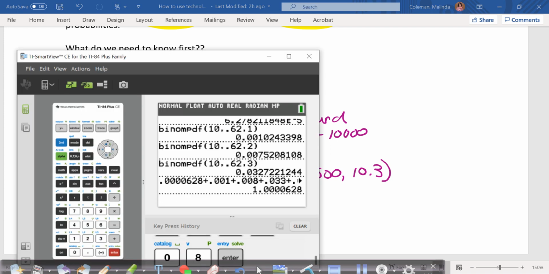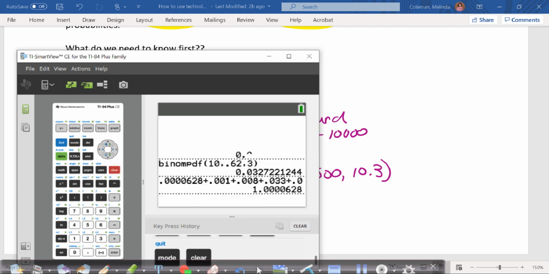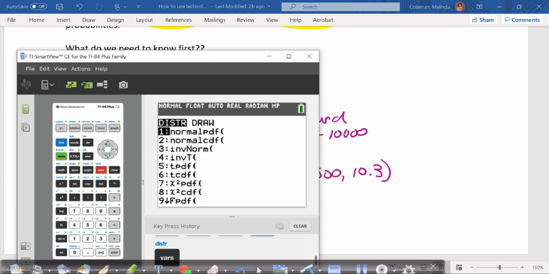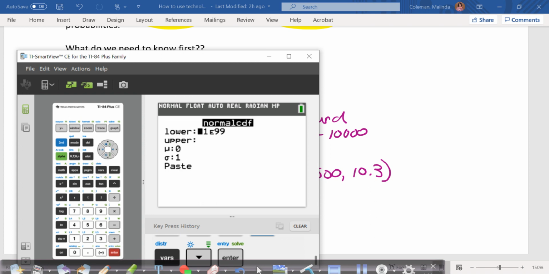So on my calculator, I can't use the back button because I'm not looking for binomial this time. So if I clear this out, and I hit second distribution again, second bars gives me my distributions. Number 1 and number 2 both are normal. We want number 2 because it is a cumulative one.